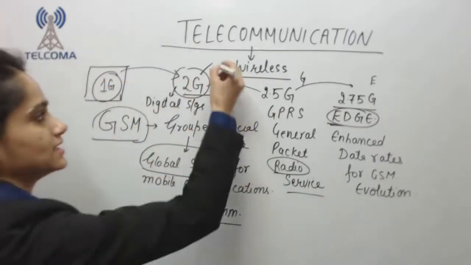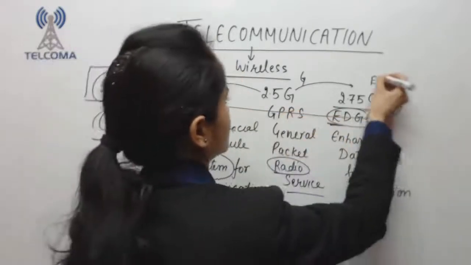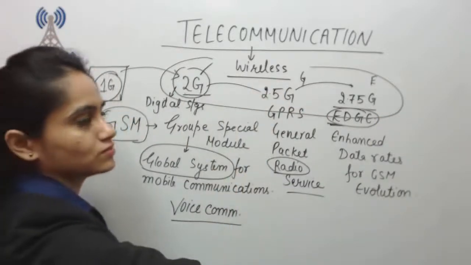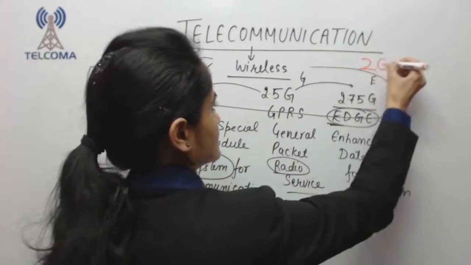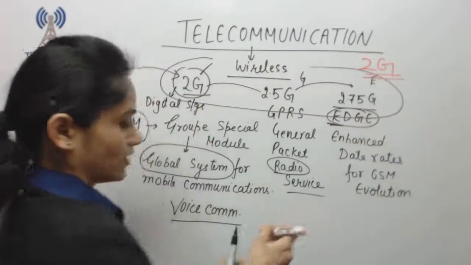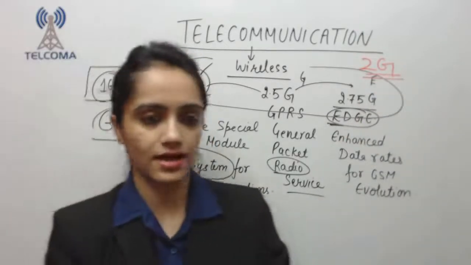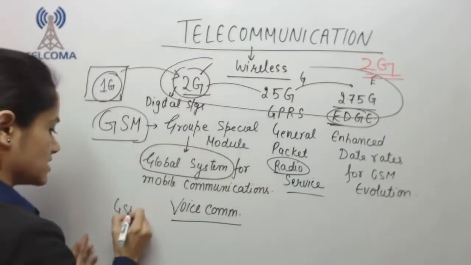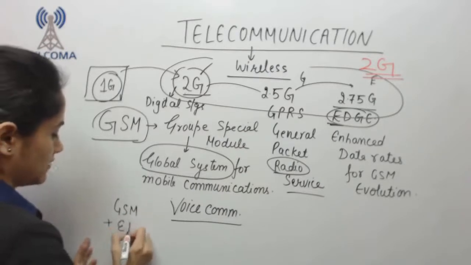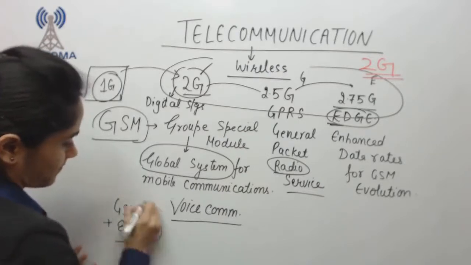Combined, all of these, 2G and 2.5G, we call the second generation. So when we have the second generation in a handset, nowadays for voice we have GSM technology and for data we have EDGE technology.